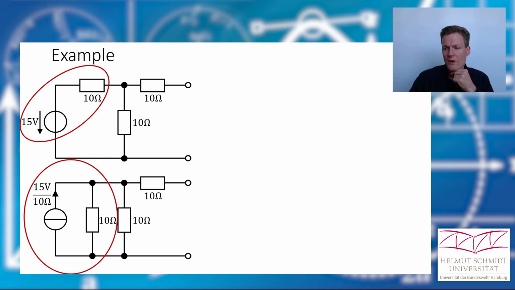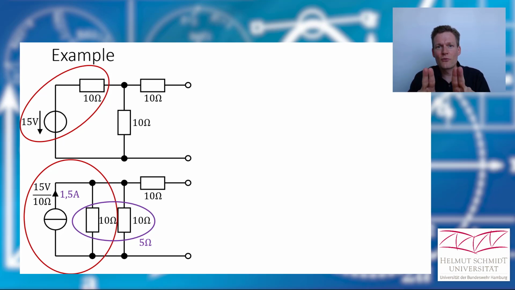And the value would be 1.5 amperes. Now we have two resistors in parallel in our circuit. We could combine them. And now we have a practical current source there. It's the 1.5 ampere ideal current source and the 5 ohm resistance.